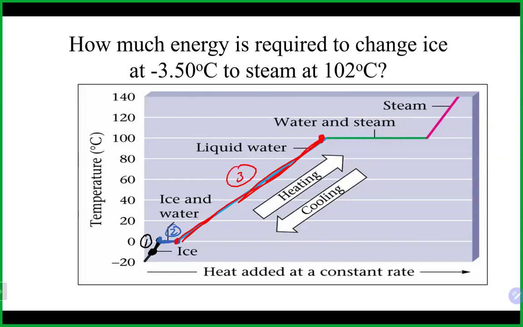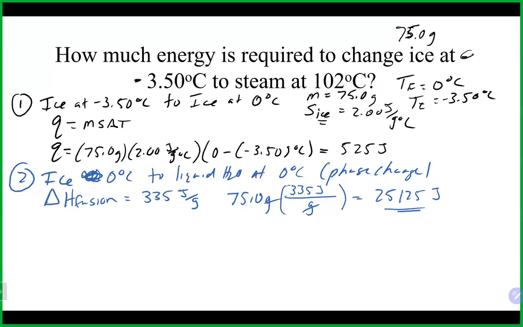That is a transition where we're changing the temperature. It's liquid water all the way through the little red line that I drew there, so we're going to use our specific heat capacity.